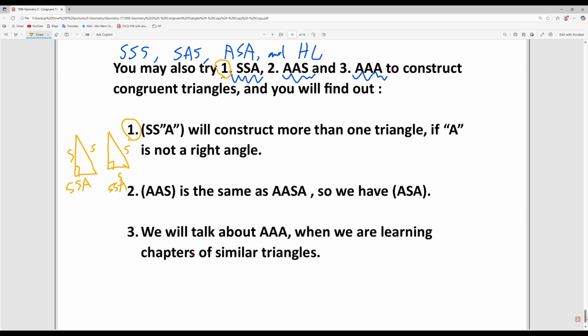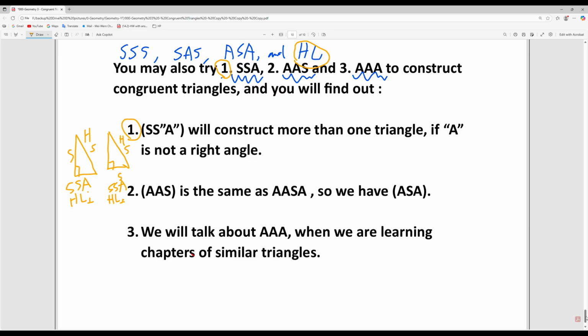But also because of 90°, we know this is a hypotenuse. Therefore, this is HL and 90°. In this case, we can try to fit the HL postulate.